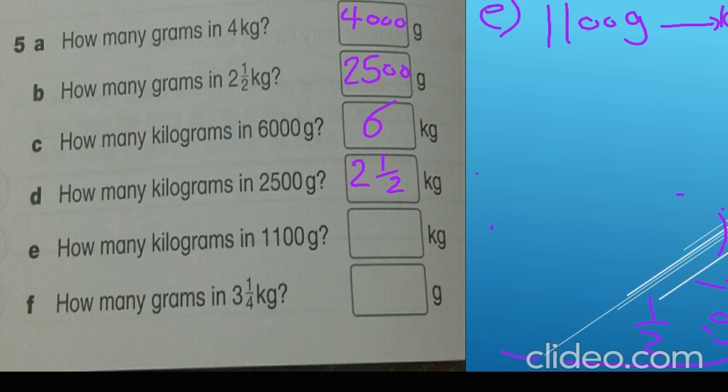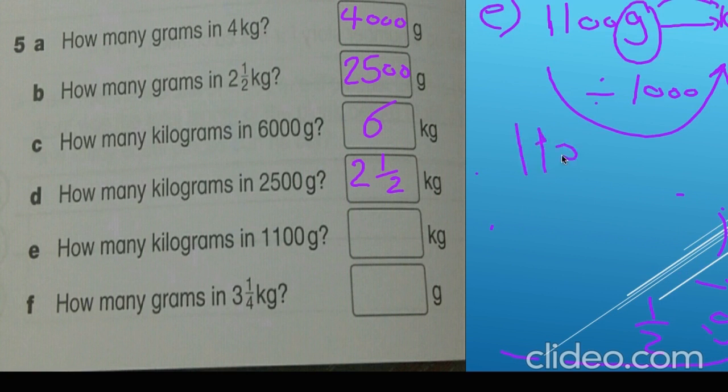What you will do? I will divide by 1,000 because I'm transferring from the smallest unit to the biggest unit.